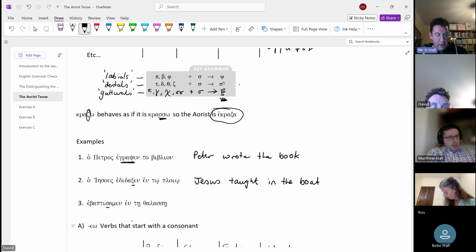You can just see, baptizo in its ordinary form actually has a zeta. We will have a look at that in just a moment. So ebaptisamen. So this is in the first person plural. So we were baptized, oh no, sorry, we baptized, because we want aorist.